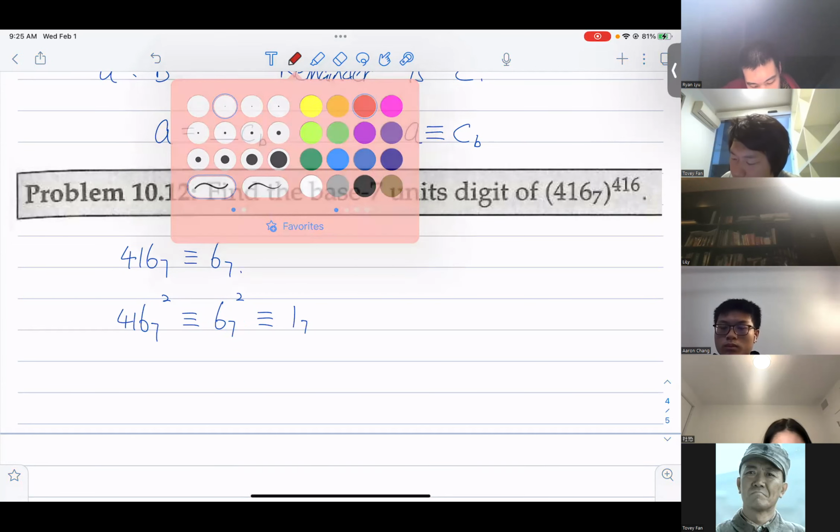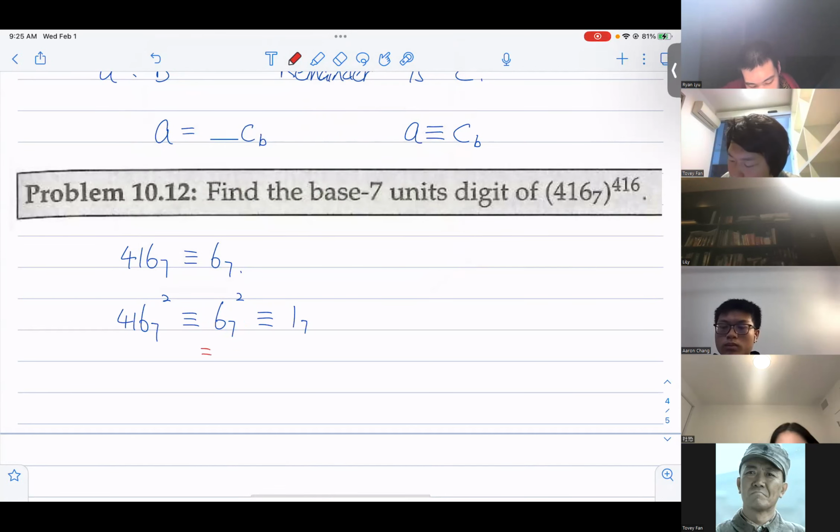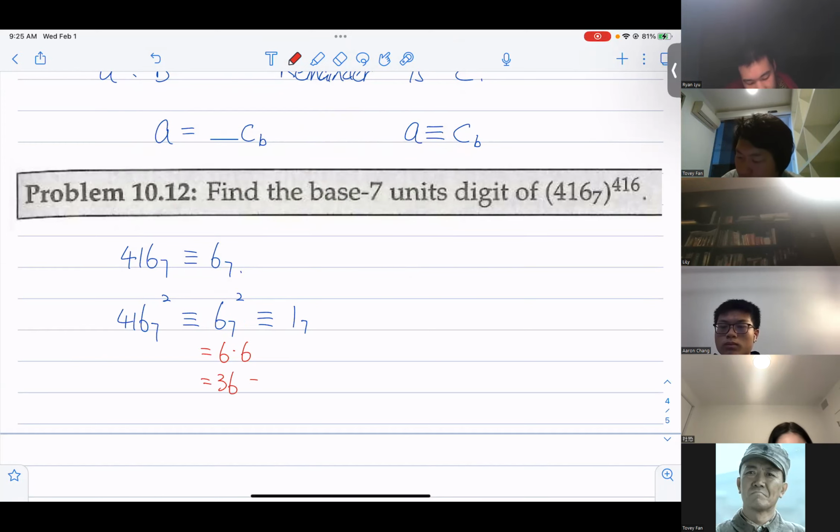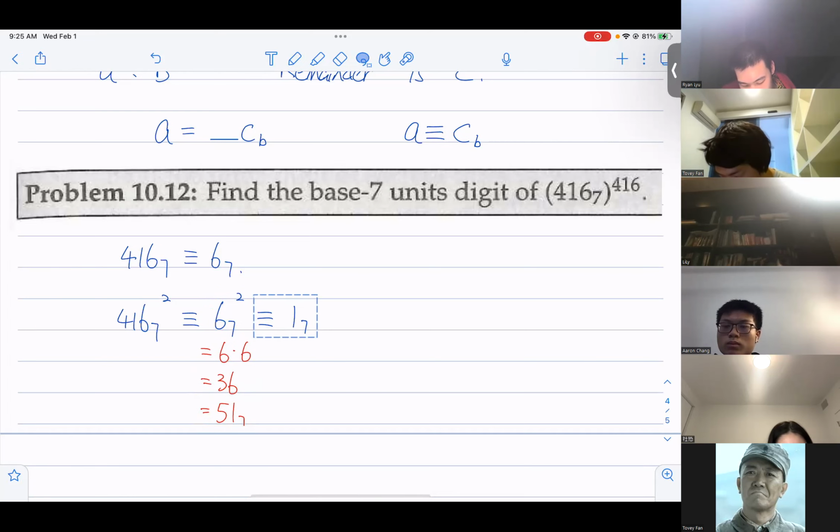Okay, to make it clearer, 6 in base 7 squared is equal to 6 times 6, which is 36. And 36 in base 7, you divide by 7, you get 5, and the remainder is 1 in base 7. Make sense? 6 squared is 36. You convert it to base 7, it's 5, 1. So that means in base 7 the units digit is 1.